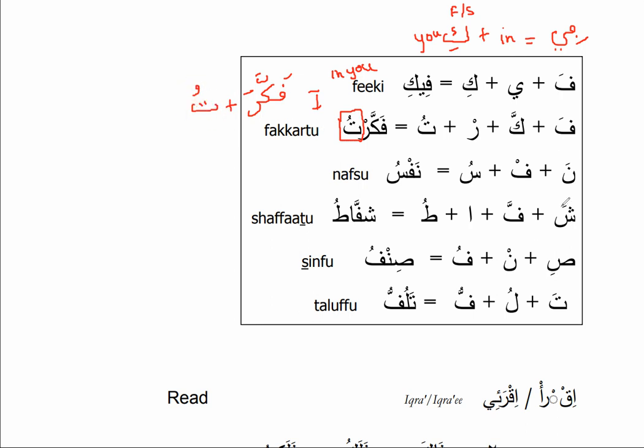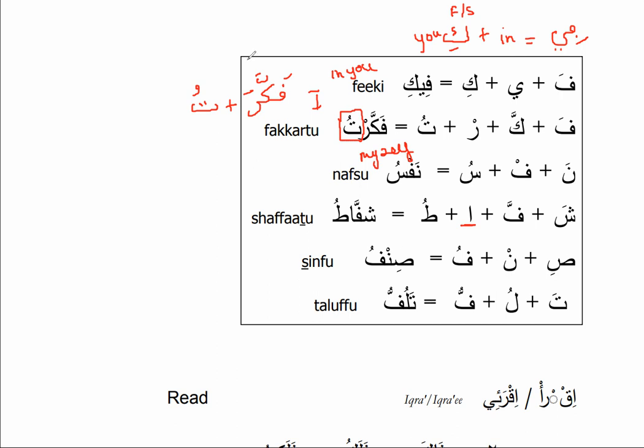So noon fa, seen damma, nafsu. Nafs means myself, and sheen and fa with shadda fatha, shaffatu, oh, there is an alif, shaffatu. Saad noon, sinf, then ta lam fa, talaffu.